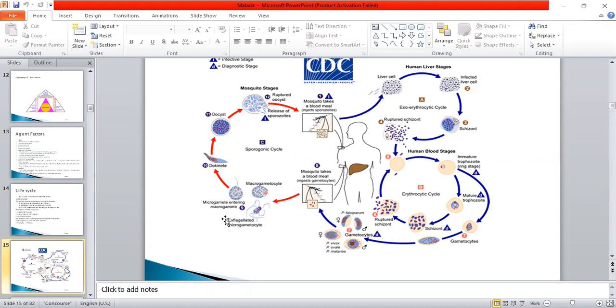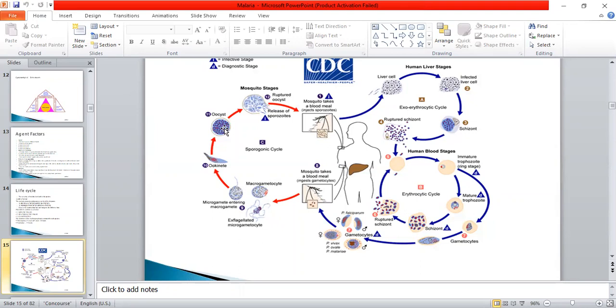fertilization of the female gamete, and the resulting zygote is at first a motionless body; within 18 to 24 hours in the mosquito it becomes motile. This is known as the ookinete. The ookinete then enters the mosquito stomach, attaches to the outer layer of the stomach and becomes the oocyst.